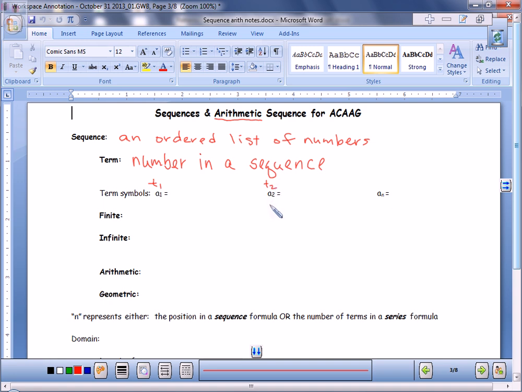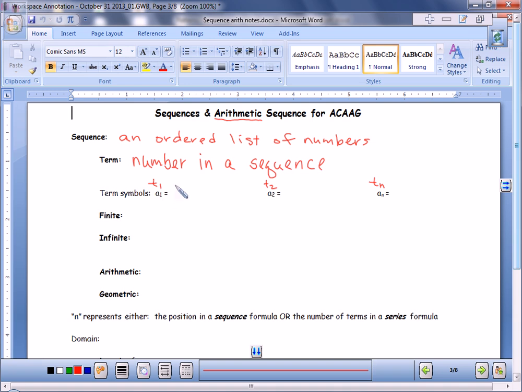Or I could call this t sub n. And I'm going to use this interchangeably. On your test, I'm just going to use t, because t doesn't give you a hint about whether it's arithmetic or geometric, right? And so you have to kind of do a little more investigating and figure things out. Is A always arithmetic? No, I wouldn't say always, but a lot of times.